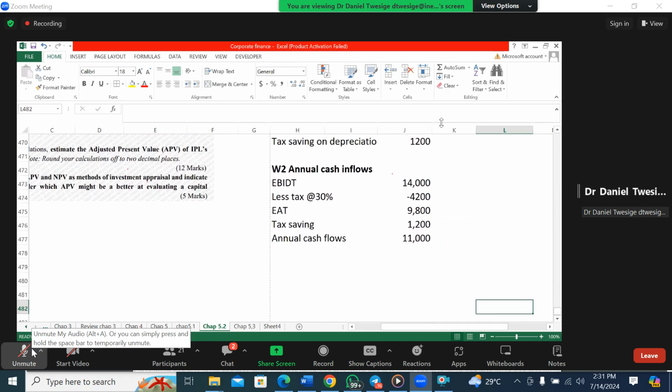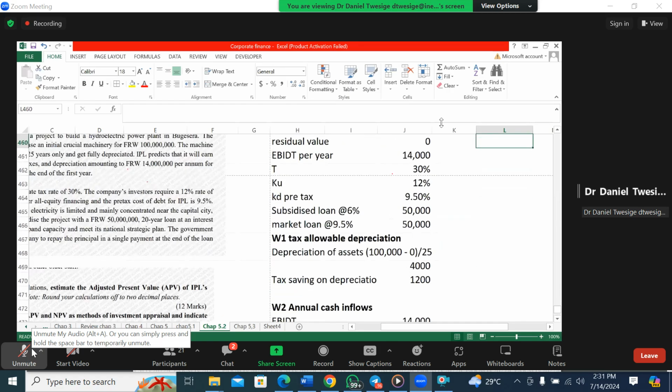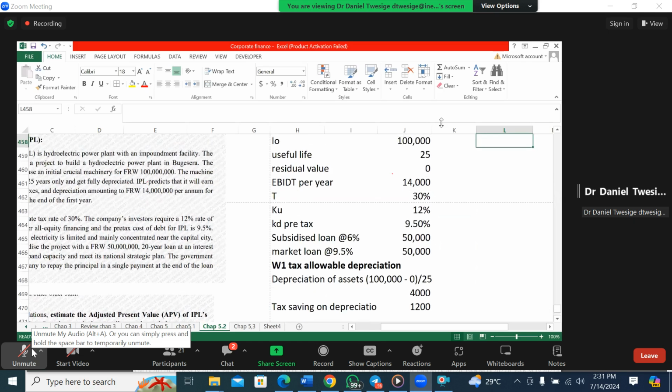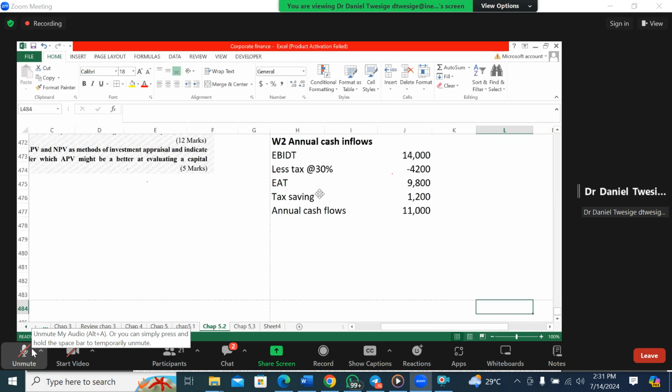And our KU is given in the question in percent. That's the KU. So what is going to be our annuity factor? We need a present value interest factor annuity of 12%, period 25. You get what?